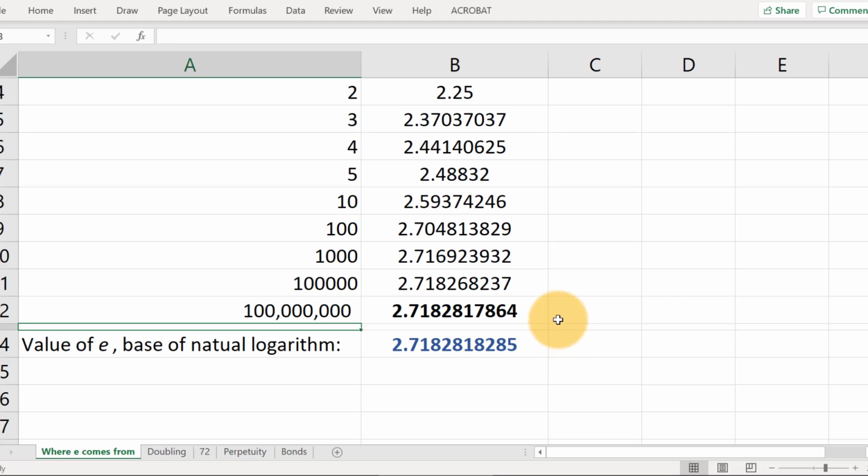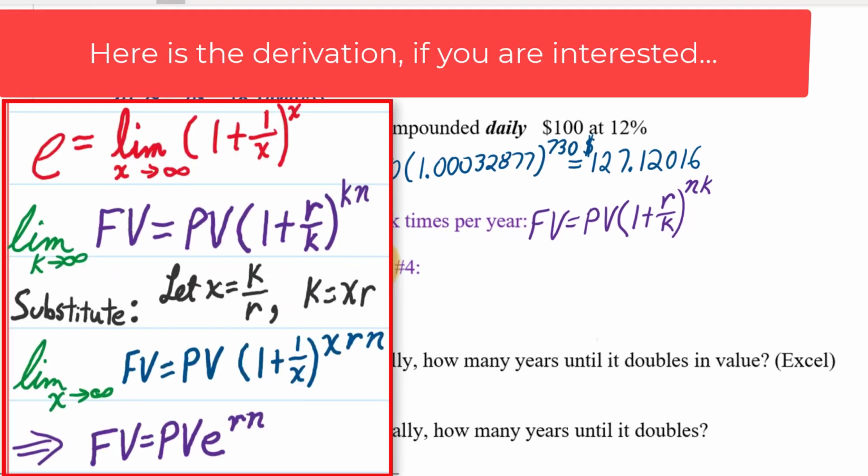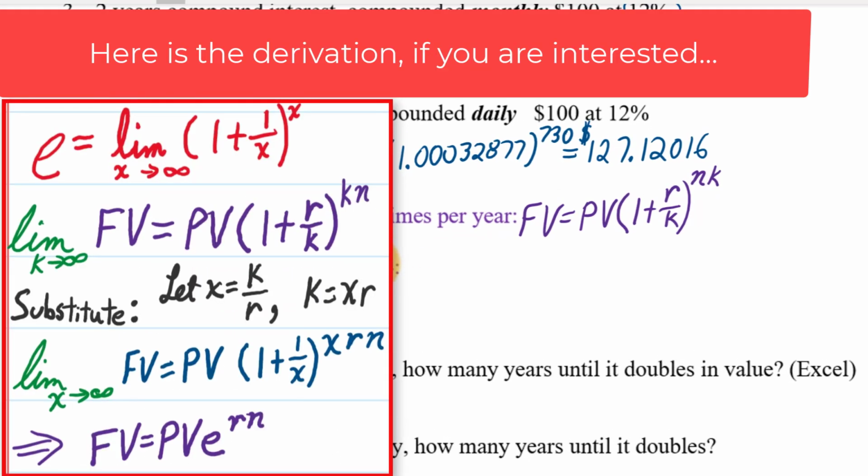The digits go on forever, and there's no easy pattern to figure out there, right? So e, the base of the natural logarithm, turns out to be part of this formula when you're continuously compounding. Let's go back and see what that formula looks like, and then let's use it and see how much extra money we would get if we compound every instant.